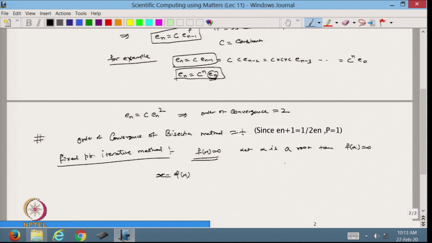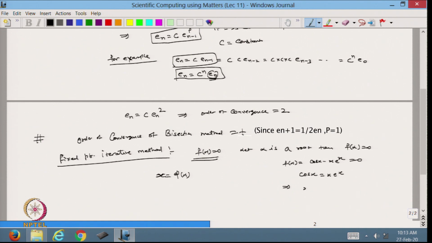For example, suppose I have an f x like in the previous MATLAB code, where we started with cos x minus x e raised to power x. I think that was the function we had taken. I can write this as cos x equal to x e to the x.